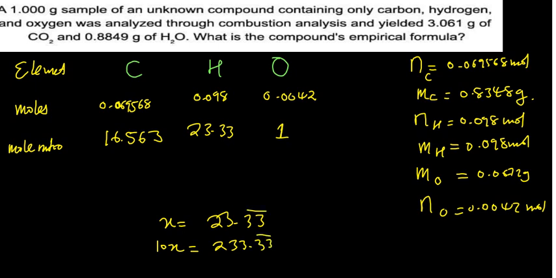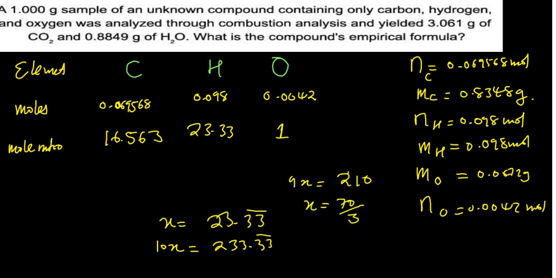And then you subtract 10x minus x, that will be 9x. And then 233 minus 23, that will give us 210. And then 210 over 9, that will be about 70 over 3.